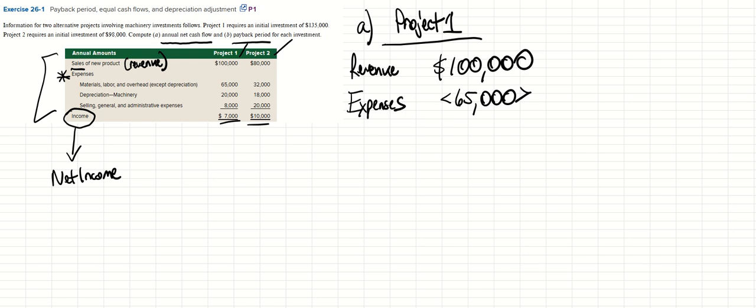Now we drop down to depreciation. When you record depreciation, you are recording the wear and tear on the usage of the machinery in this case.